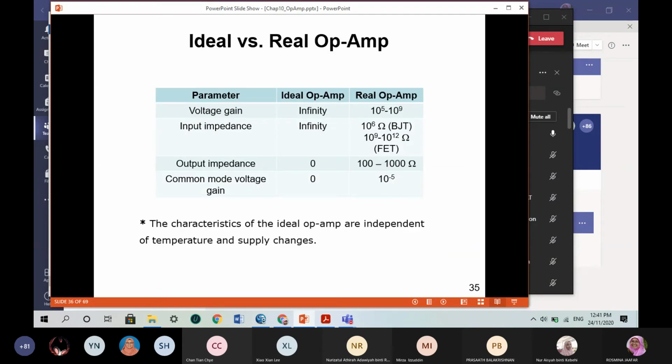Okay, now let's consider the real op-amp. In practice, the performance is slightly different compared to the ideal situation. The ideal op-amp versus the real op-amp.